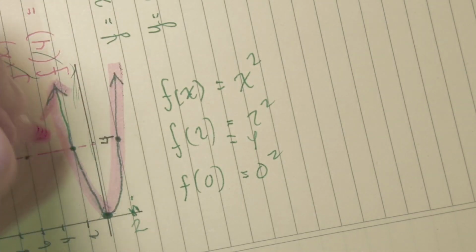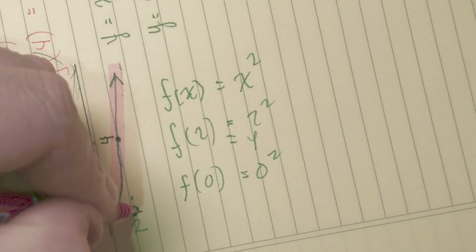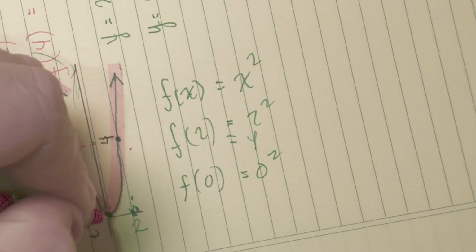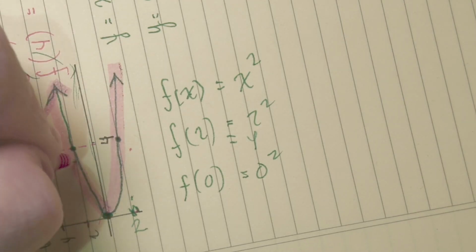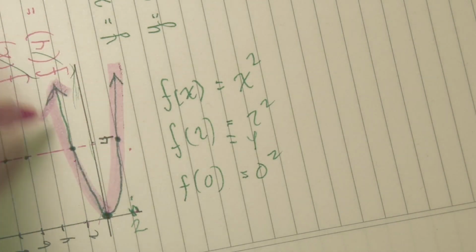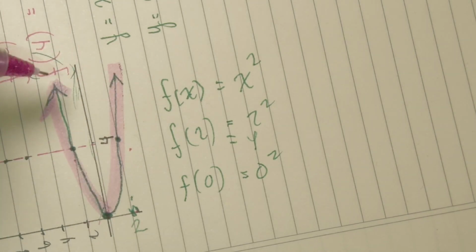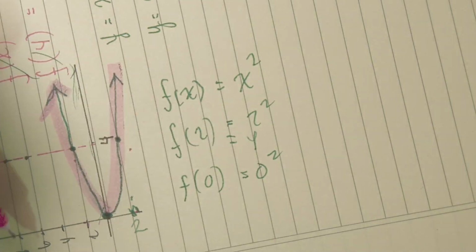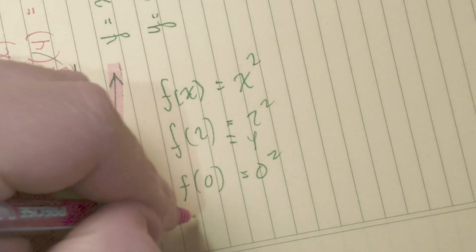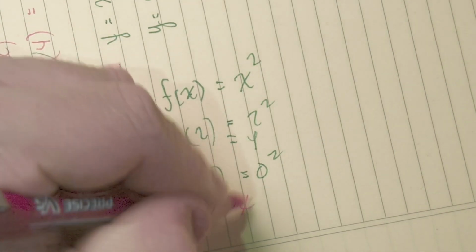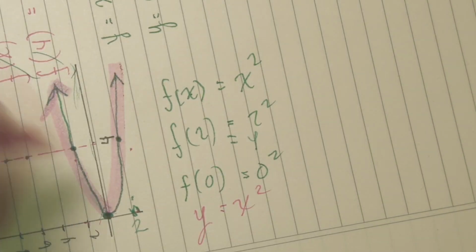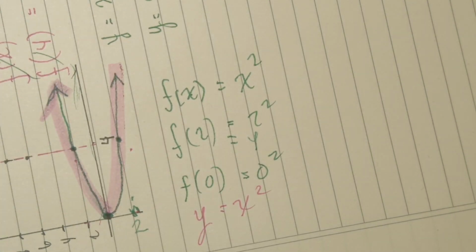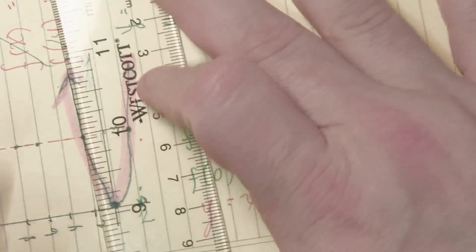And so if you went over 2 to the right and up 4, then you go back to 0, 0, go over 2 to the left and up 4. And then you can draw it. I just drew a function. That's x squared. For sure. y equals x squared. Bingo. Works. It doesn't violate the vertical line test anywhere.